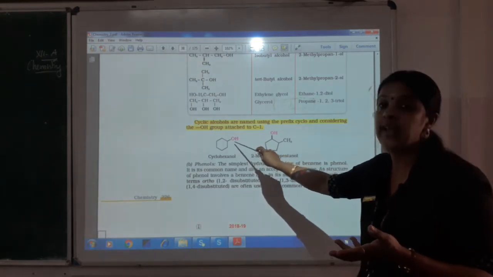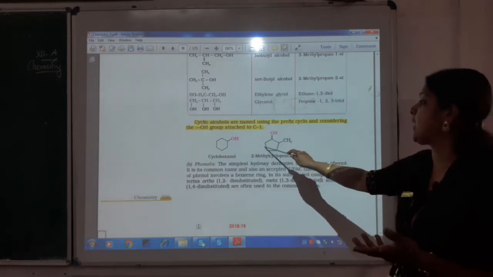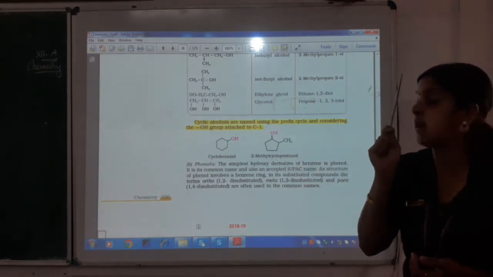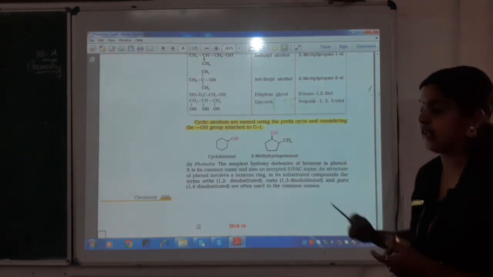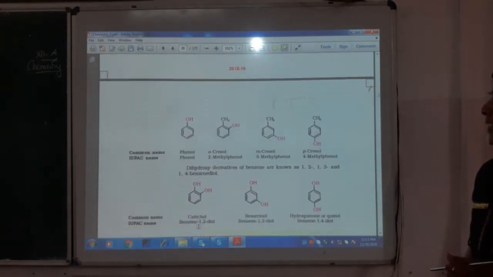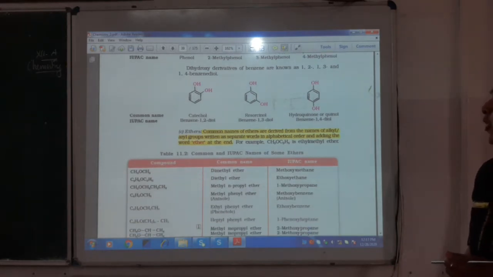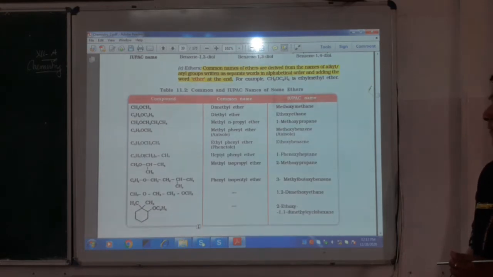So this is cyclohexanol because 6 carbon atoms are present. Here 5 carbon atoms, the carbon holding the OH will be given position number 1, so it is 2-methyl cyclopentanol. Some of the examples, please look at your textbook and learn, children. And for ethers, you know how we do the alphabetical order, right?